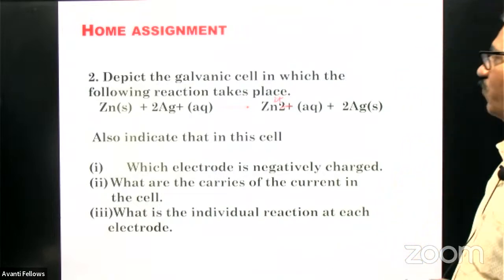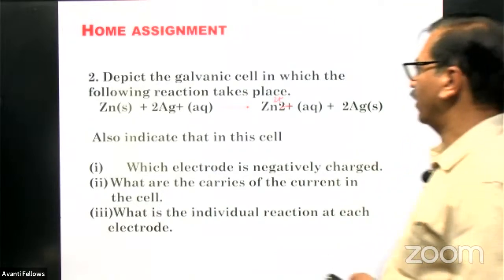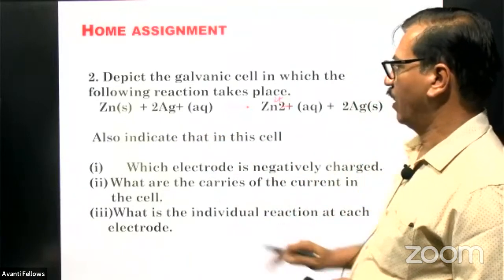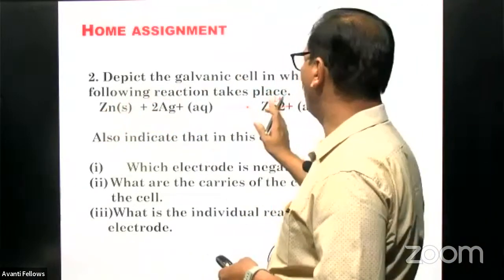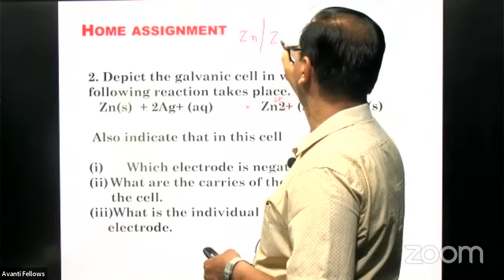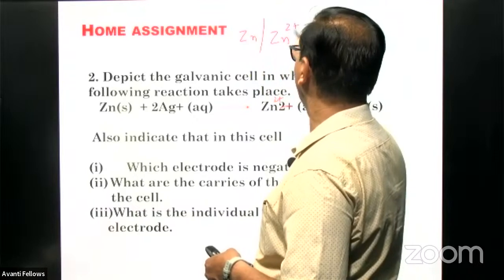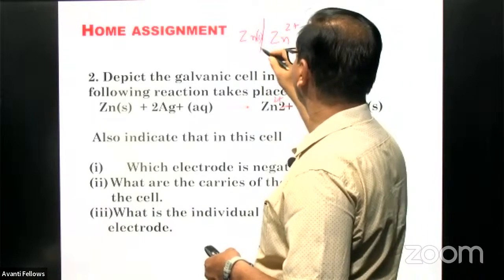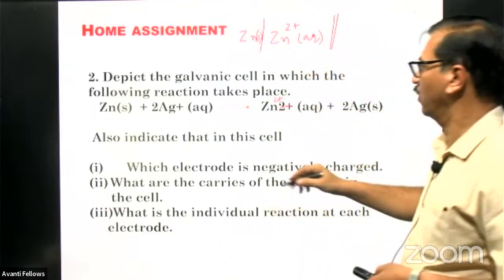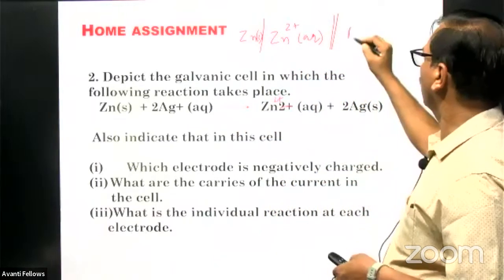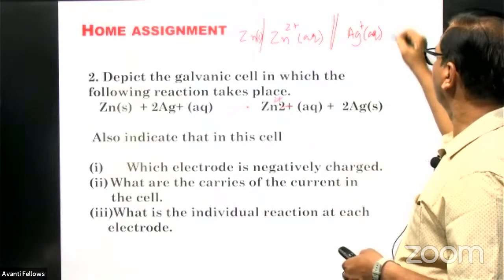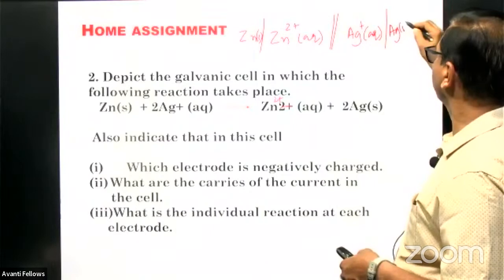Depict the galvanic cell in which the following reaction takes place. Which is the left half cell? The one which is undergoing oxidation. So this is Zn/Zn2+, right? Sometimes this can also be written as solid. This is aqueous. Double slash. Silver ion Ag+ aqueous, bar Ag solid.